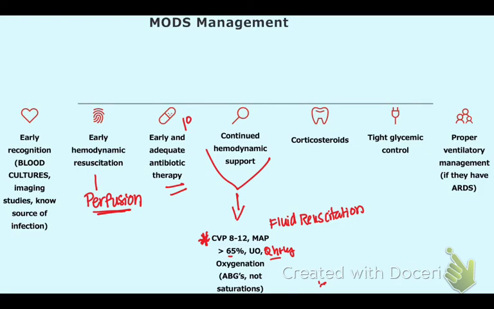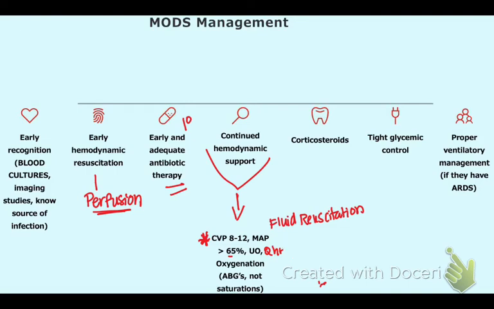And then that oxygenation. Of course, oxygenation. Remember, we talked about this: if they're not COPD and their sats are dropping, put some oxygen on them for sure. We may even have to later intubate them just to support their respiratory status. So we need that continued hemodynamic support.